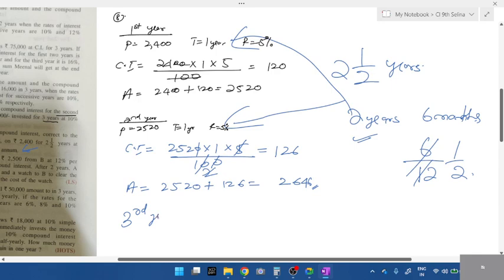So for third year, principal is equals to 2646. Time is equals to half year. Rate is equals to 5%.